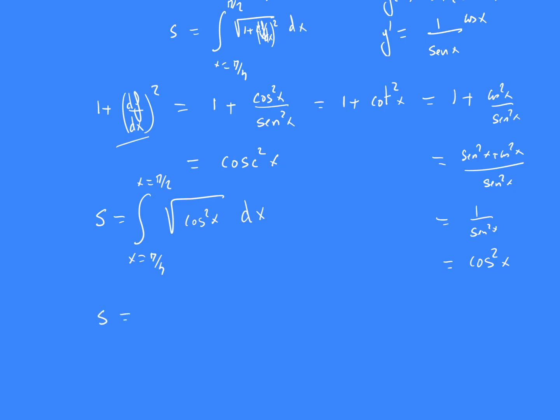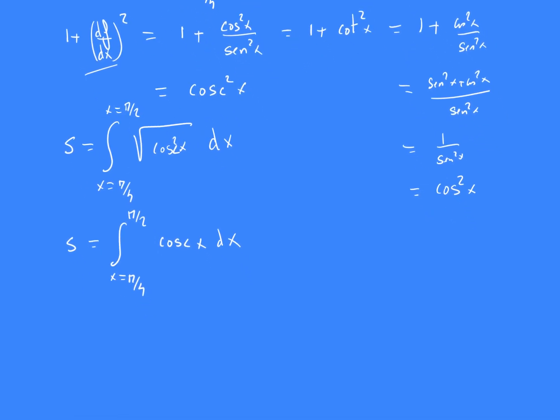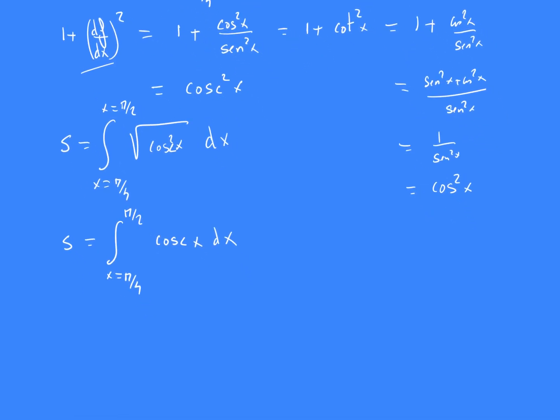So S is the integral from pi divided by 4 to pi divided by 2 of cosecant x dx. And what is the integral of cosecant x dx?